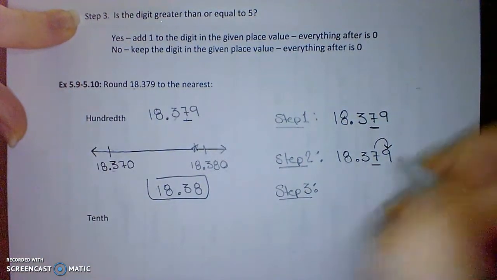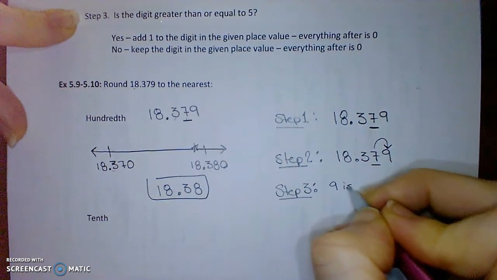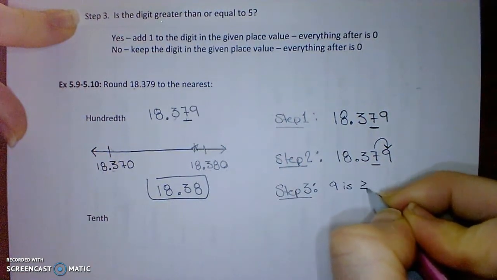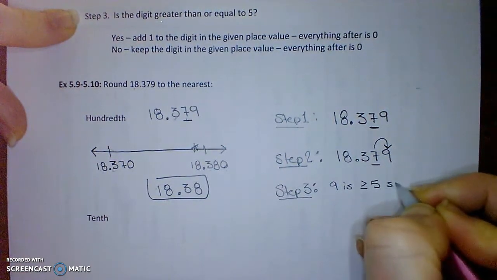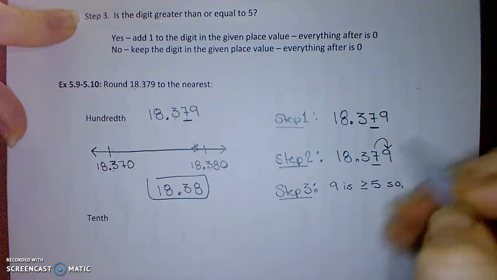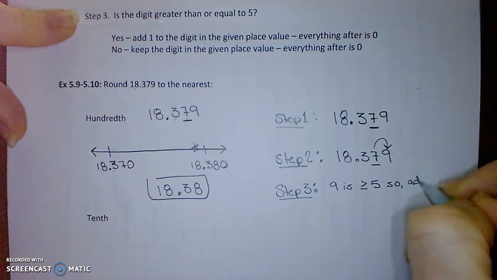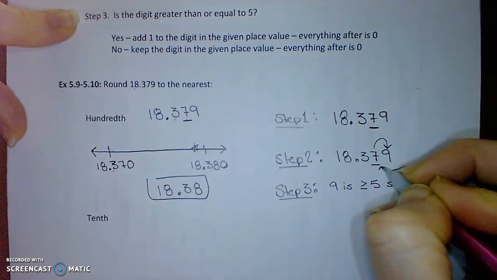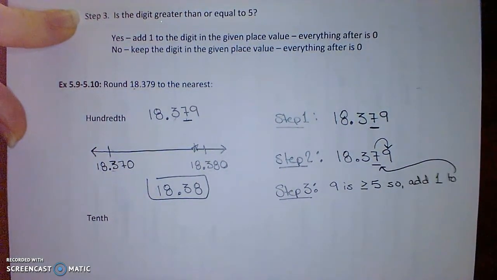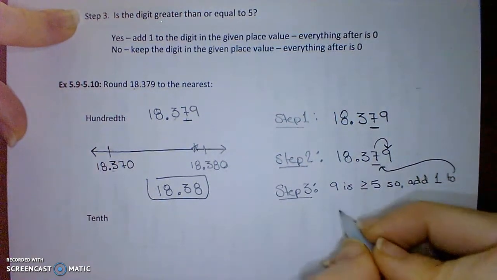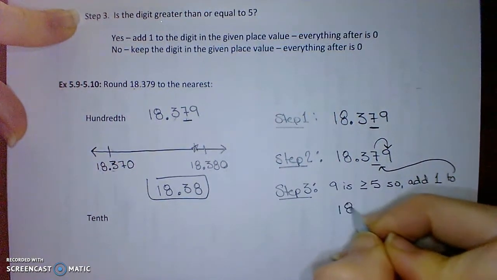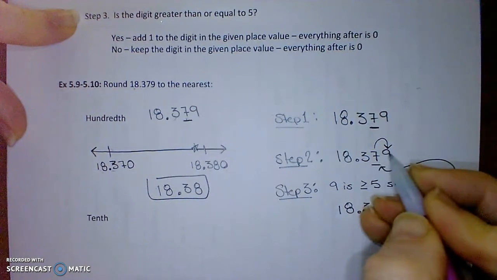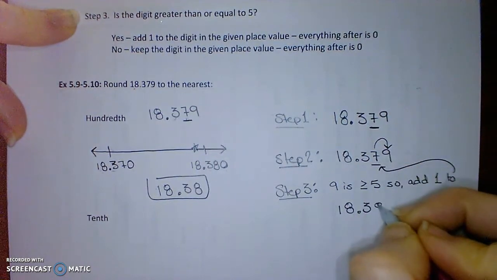Yes. 9 is greater than or equal to 5. So we add 1 to the place value that we are rounding to. So now we have the number 18.3. The 9 bumps the 7 up to an 8.